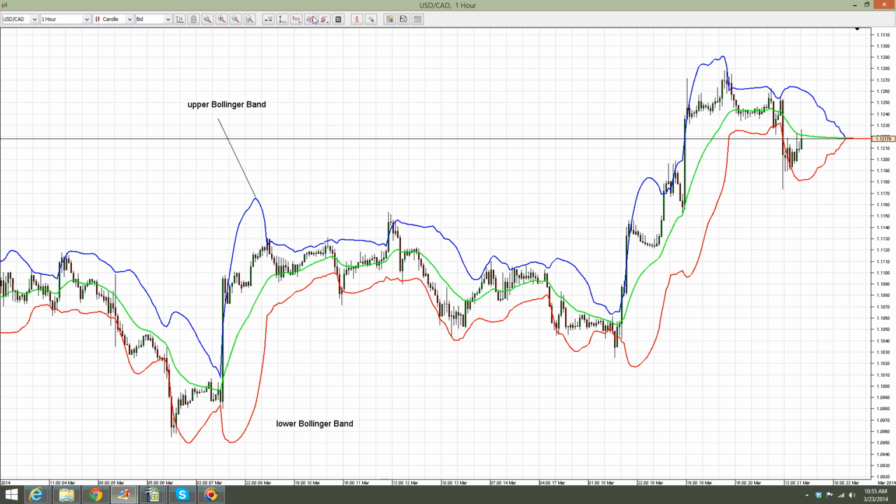So the lower Bollinger Band, and then of course the most important line of them all is the EMA 20, or the middle Bollinger Band, and this is the green line here.